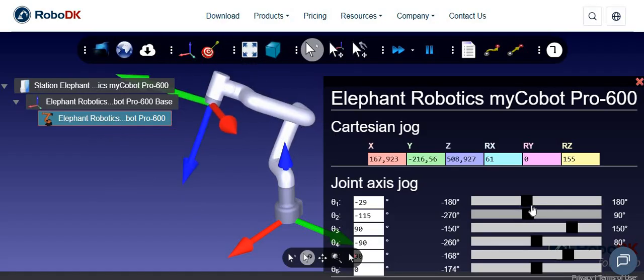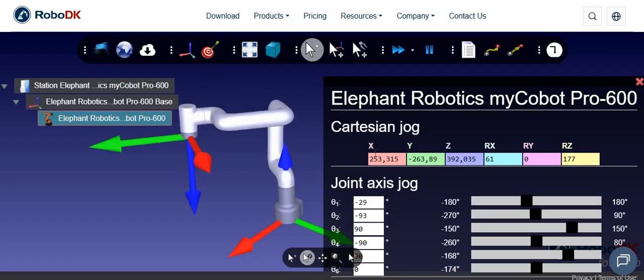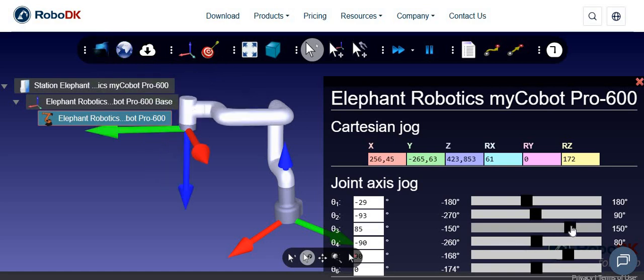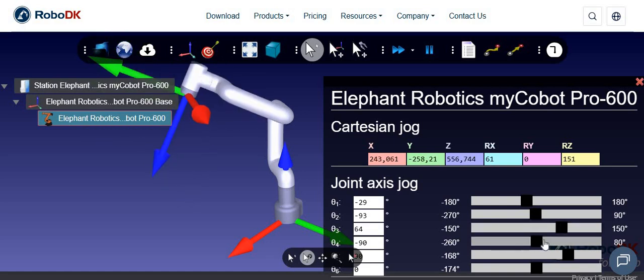Right here, the x-axis is in red, the y-axis is in green, and in blue is the z-axis. And the other axis, I think, is the axis of roll, pitch, and yaw. I don't know exactly.